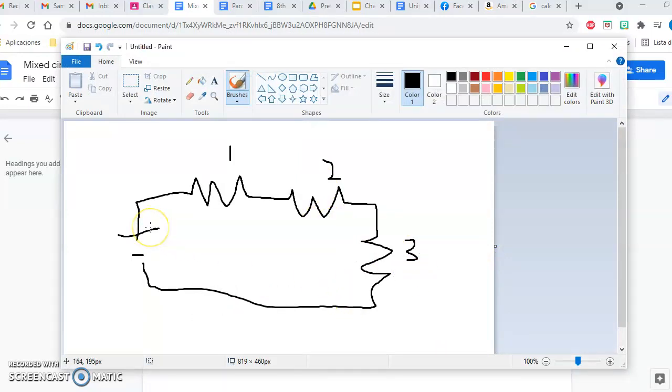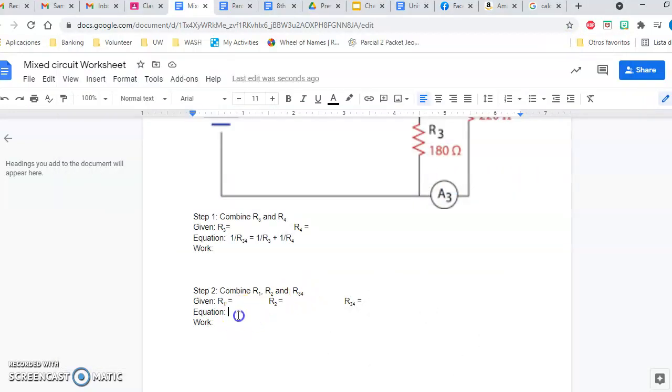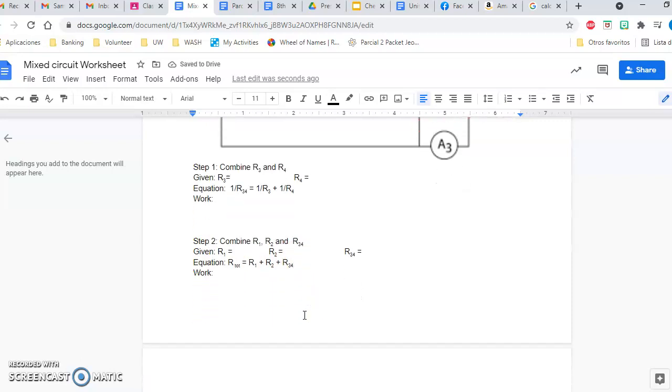Is this parallel or series? Well, our current has only one path to go through our whole circuit, so it would be series. So we would use our series equation: R total is equal to R1 plus R2 plus R34. Again, I think you guys can use our first example to solve for that.